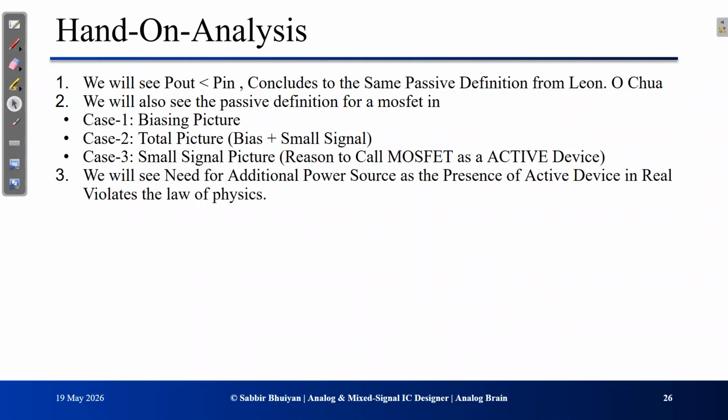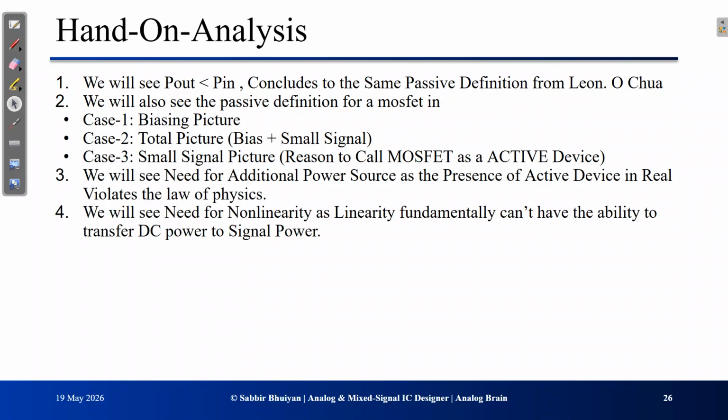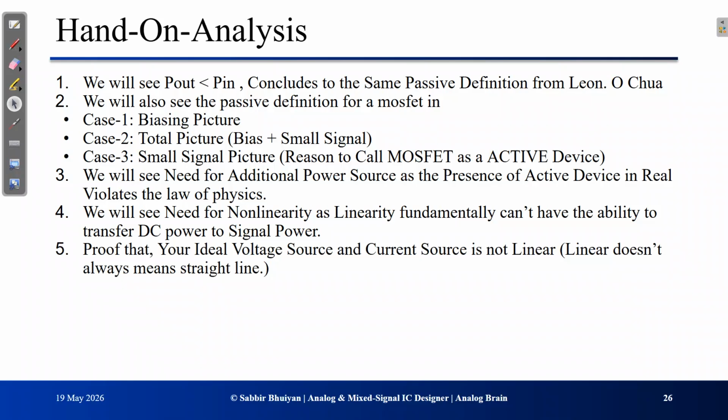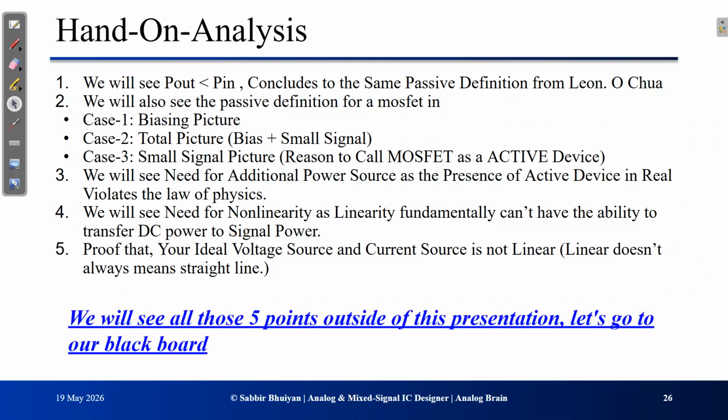Number three, we'll see the need for an additional power source, as the presence of an active device without one in reality violates the laws of physics. Number four, we'll see the need for nonlinearity, as linearity fundamentally cannot transfer DC power to signal power. Number five, I will show you a proof that your ideal voltage source and current source are not linear. Linear does not always mean a straight line. We'll see all those five points outside of this presentation.